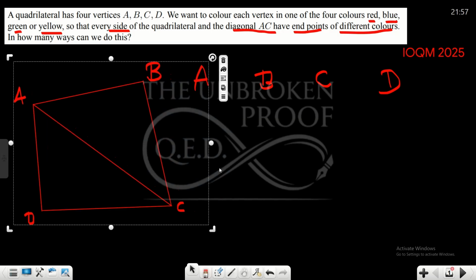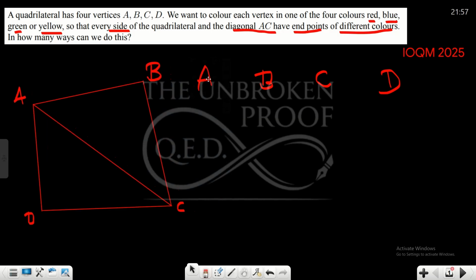Now one thing to note is that B and D can repeat or cannot repeat, and those are the only 2 cases possible, because other than BD, if you try to repeat any other side or diagonal, it will not match the required question. So the only 2 cases are where no one repeats or where B and D have the same color.